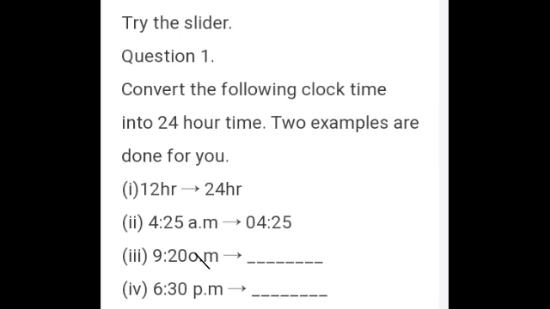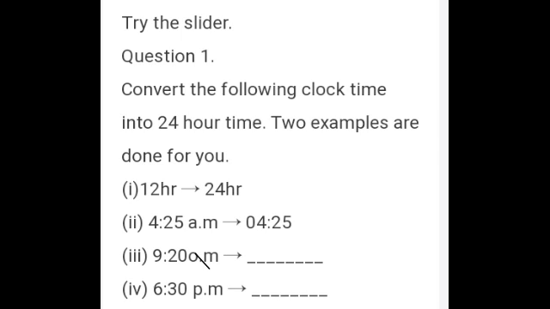So now likewise we are going to do a few sums. Try this slide. Convert the following clock time into 24-hour clock time. Two examples are done for you. So 12 hour to 24 hours clock we are doing, isn't it?